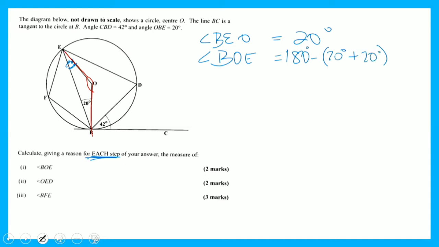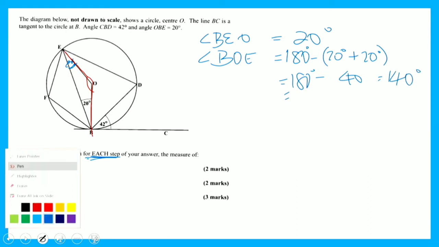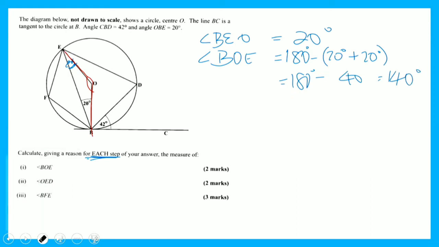All right, so we know that all three angles in this triangle add up to 180 degrees. And so that means 20 plus 20, 40. Subtract that from 180 degrees, I will get 140 degrees. Excuse me writing across with the equal signs. I'm not going to have much space. All right, that's it. We know that right here is 140.